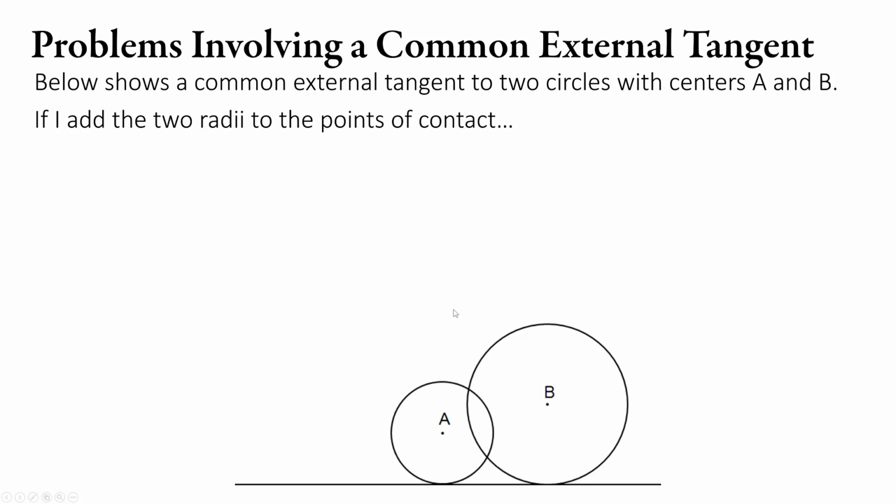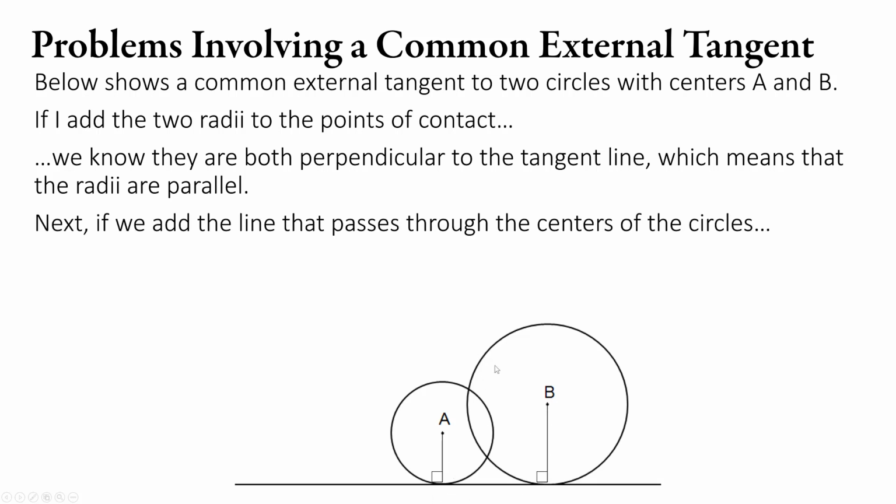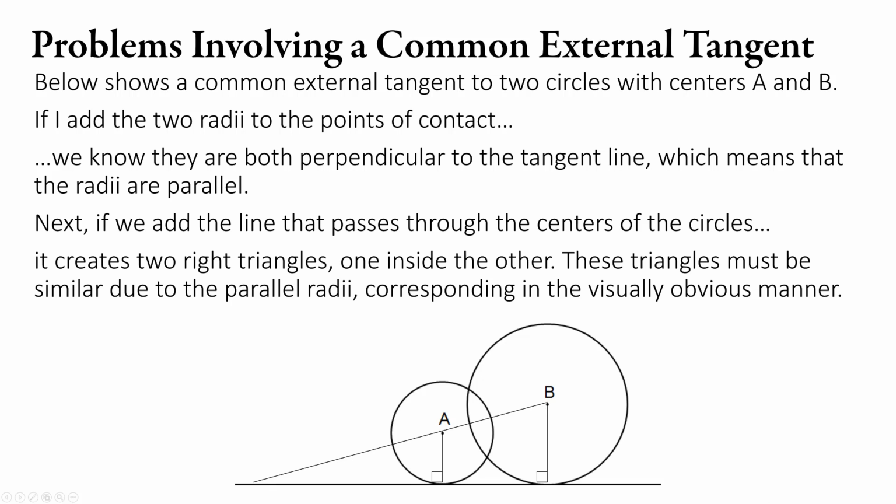So if I add those two radii to the points of contact, like so, we know that they are perpendicular to the tangent line, which means that the radii are parallel because we have these two lines perpendicular to the same line. And now if we add the line that passes through the centers of the circles, it creates two right triangles, one inside the other.